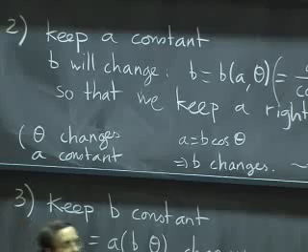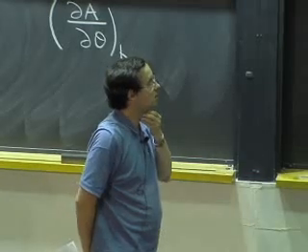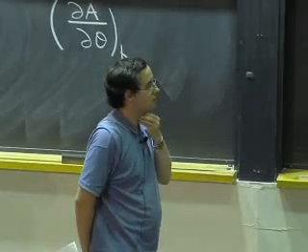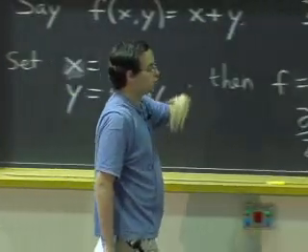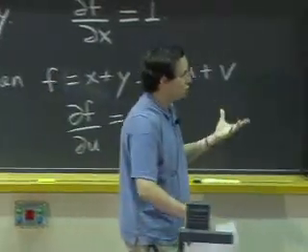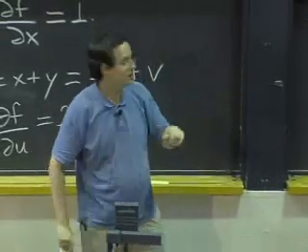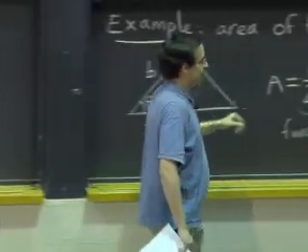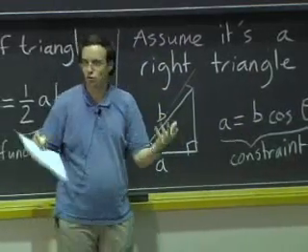Yes? Why isn't there a fourth situation where theta increases, B and A are not constant, but the triangle is still a right triangle? That's a very good question. So what about I don't keep A and B constant? Well, then there's too many choices. So I have to decide actually how I'm going to change things. See, if I just say I have this relation, that means I have two independent variables left, whichever two of the three I want.